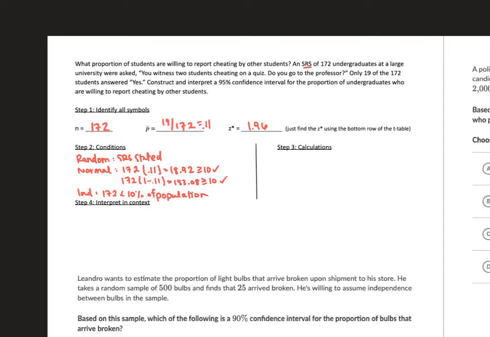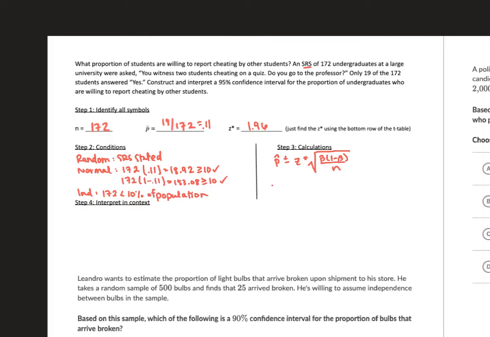Okay. Step 3, we're going to do our calculations. So to do our calculations, we're going to do p hat plus or minus z star times the standard deviation. So that's p hat times 1 minus p hat over n. So then we're just going to plug stuff in here.